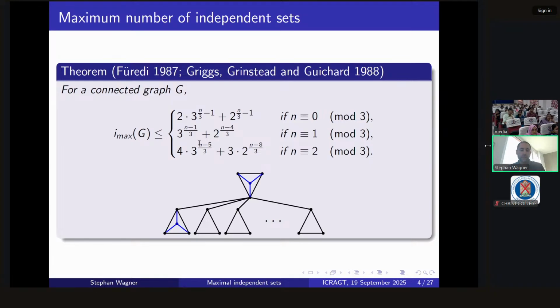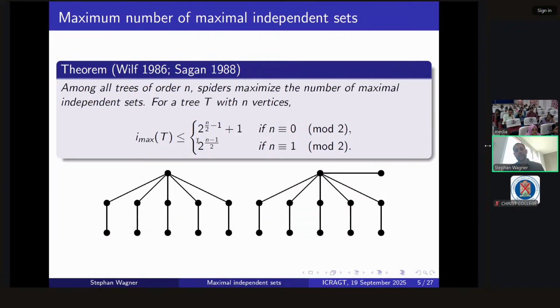Now, for trees, the situation is a bit different, but still similar. The upper bound is basically 2 to the n half. So again, exponential growth, but with a different growth constant. So essentially, we're growing like 2 to the n half here.